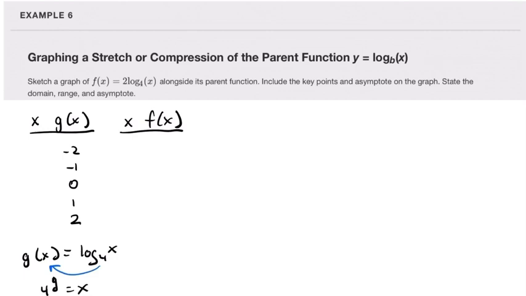So now we're choosing several values of g, finding the corresponding x. So for instance, when g is -2, that's going to be what? 1 over 16? And then 1 over 4, and then 1, and then 4, and then 16.